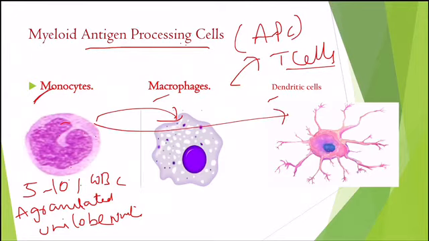So when monocytes migrate into the tissues, they differentiate into macrophages and dendritic cells.